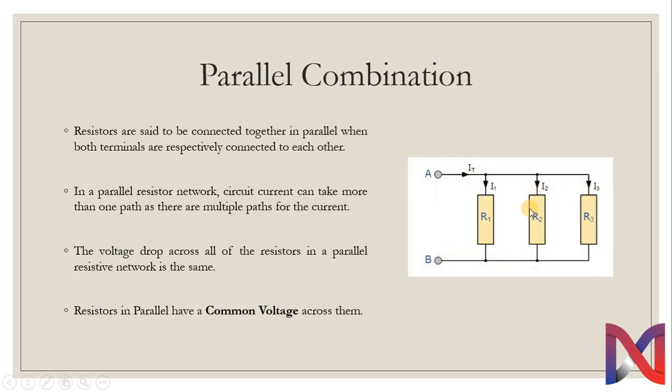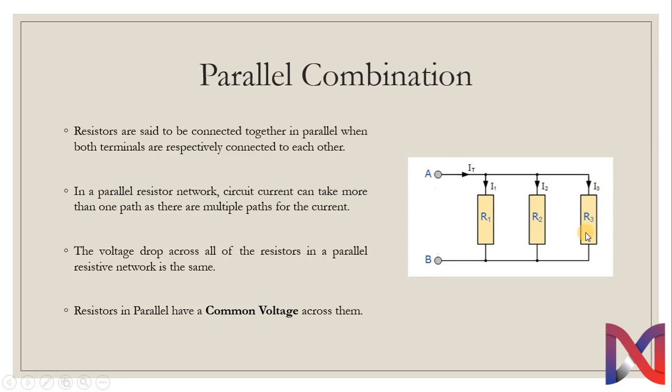Here you can see three resistors are connected in parallel combination. There are three different paths for the current. IT, or I input, is entering here. First drop will be across R1, then across R2 and then across R3 respectively.